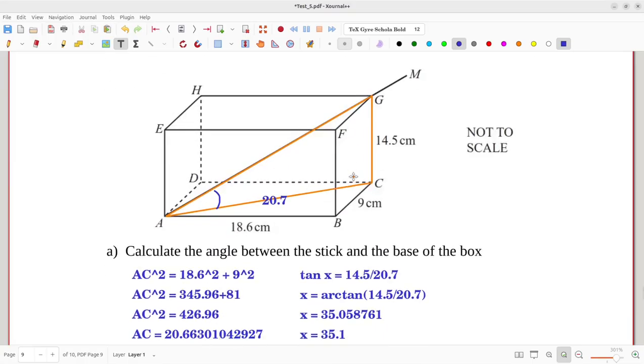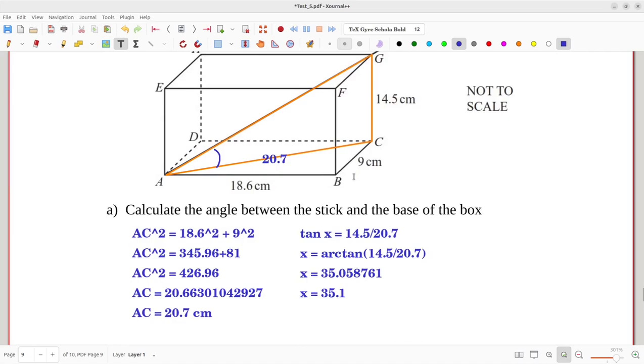So to find side AG, straight talk, we are using Pythagoras theorem because you have your ACG, which is a right angle triangle. So from there, you are going to have your 20.7. Remember, use the answer as is, squared, plus the 14.5 squared. This should be equal to AG.